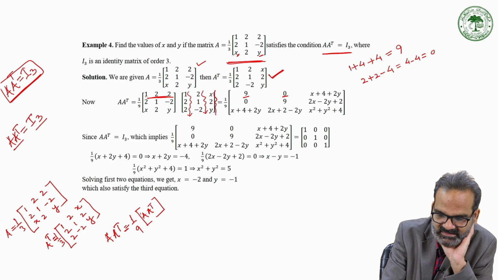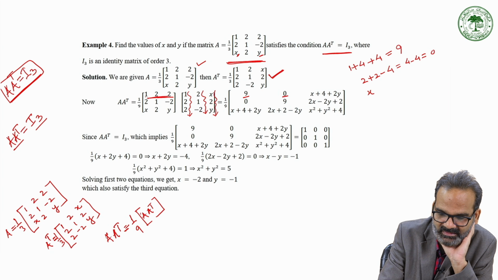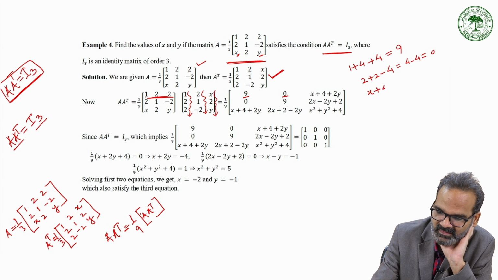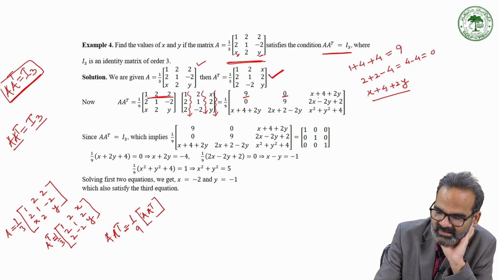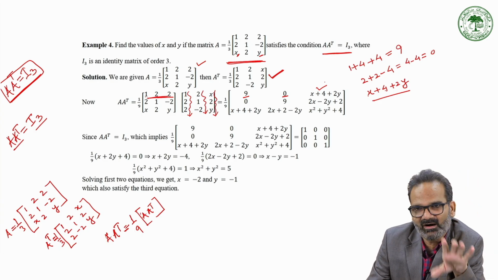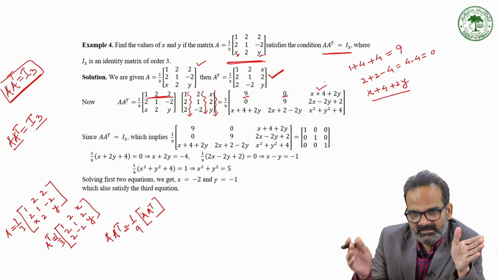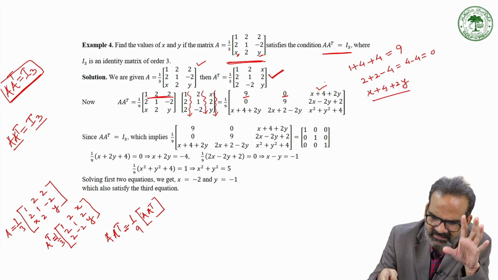The first row should be multiplied with the third column. 1 into x is x, 2 into 2 is 4, 2 into y is twice y. So you will get x plus 4 plus 2y. This is how we can find the product of A and AT, right?